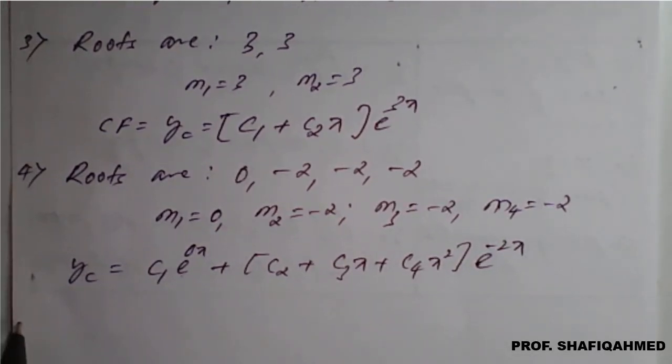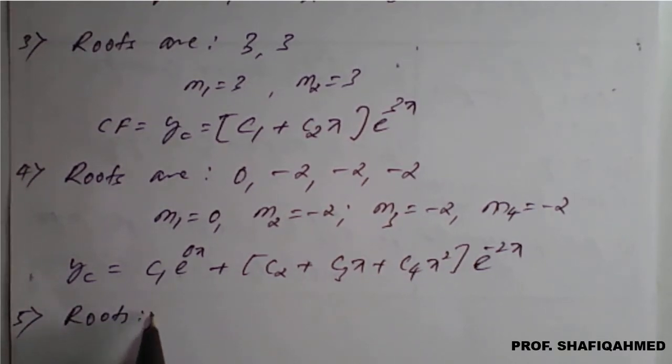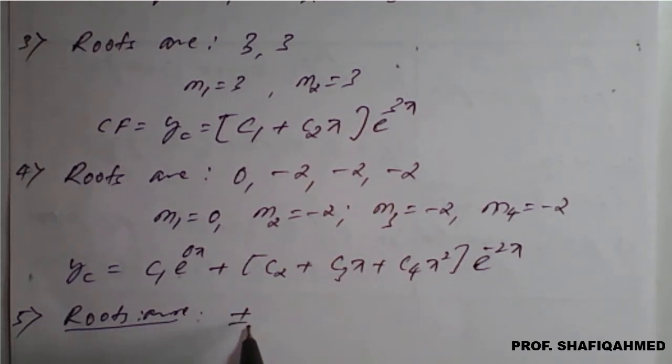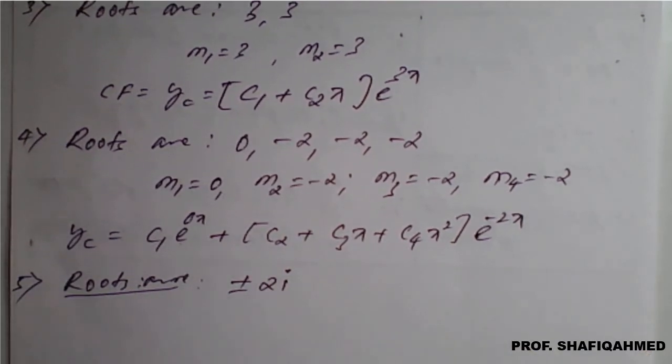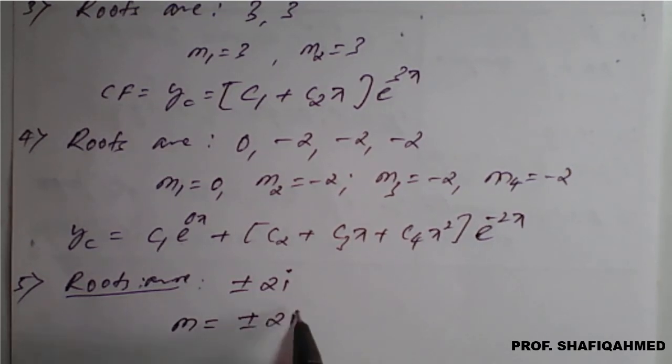Next kind of root possibilities. Roots are plus or minus 2i. So one more kind of root you got here. The roots are complex, but only imaginary. So here the root m is nothing but plus or minus 2i.